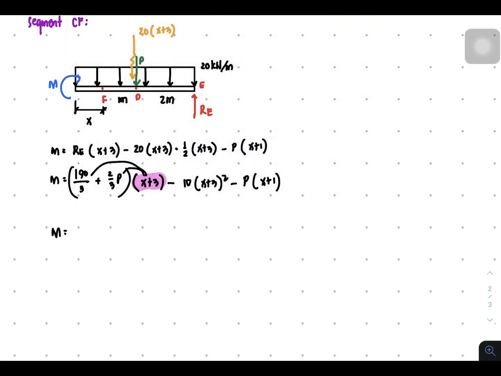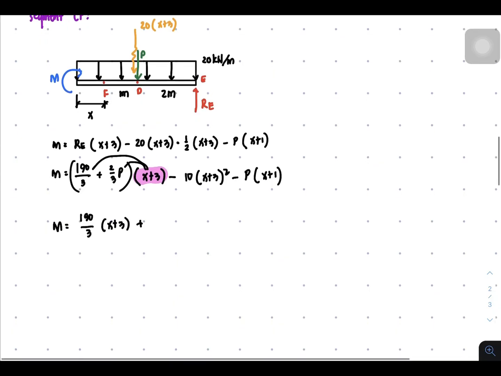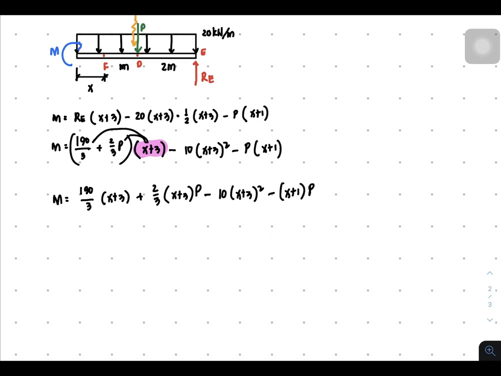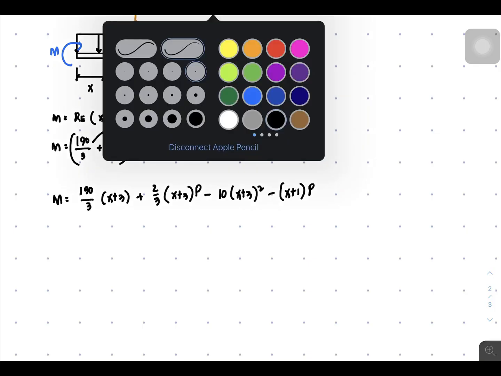So the moment equation would be 190 over 3 x plus 3 plus 2/3 of x plus 3 P minus 10 x plus 3 square minus P times x plus 1, or rather, x plus 1 times P. Right, so that is our moment equation.